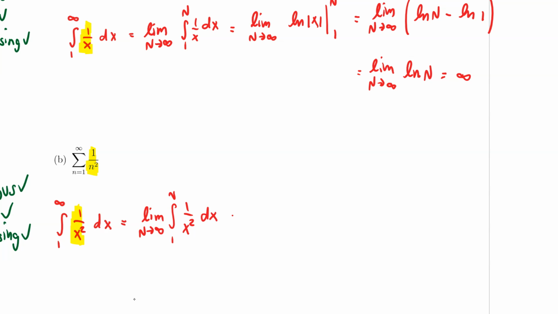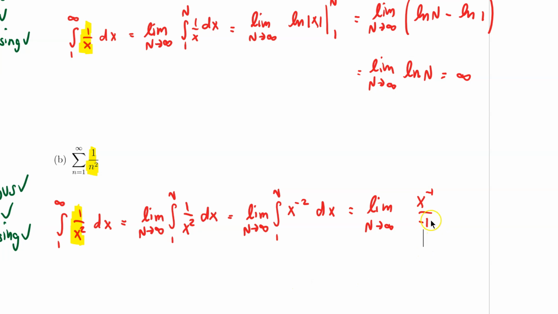Now, 1 over x squared is just x to the negative 2. So this is the integral of x to the negative 2 dx. And the integral of x to the negative 2 is just x to the negative 1 over negative 1.